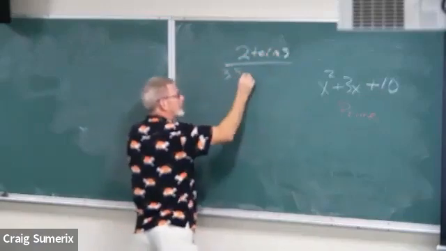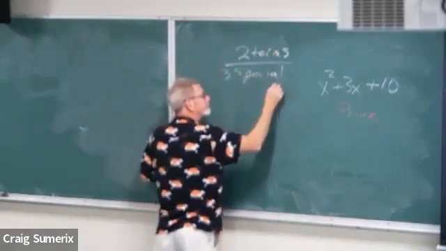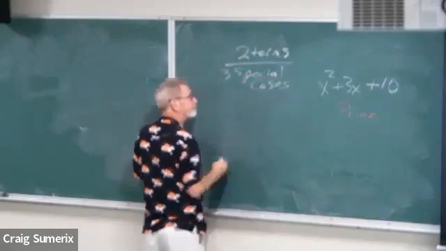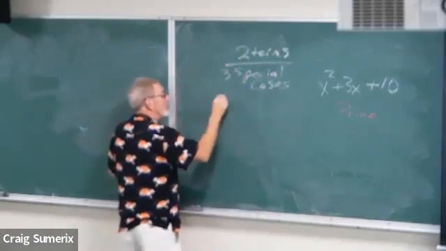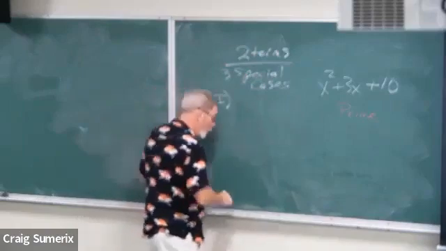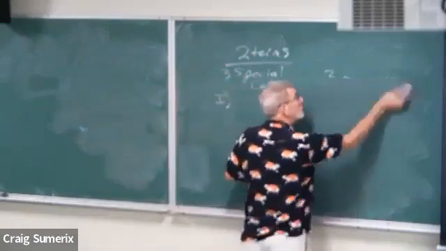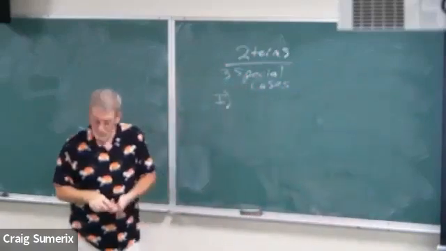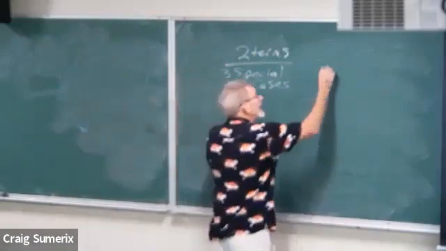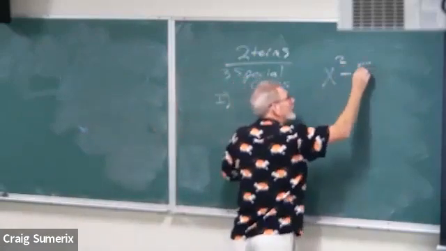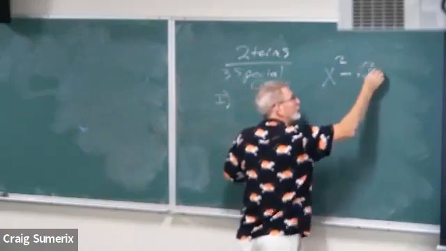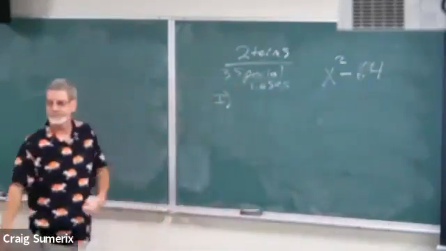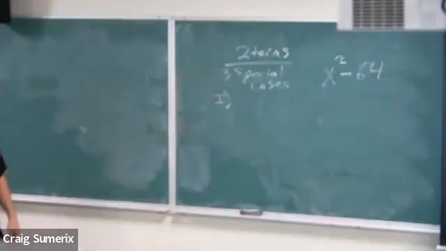We have three special cases. Number one of them you already know. What's that? I said we do. Yes, you do. X squared minus 64. Oh, and it's a one with a or no. That look familiar to anybody?